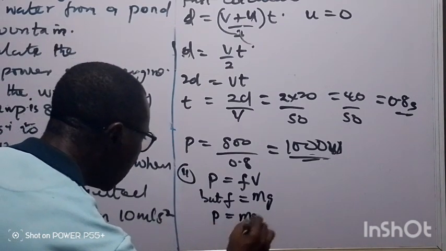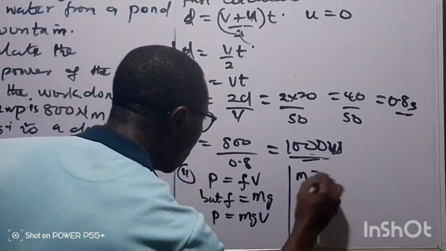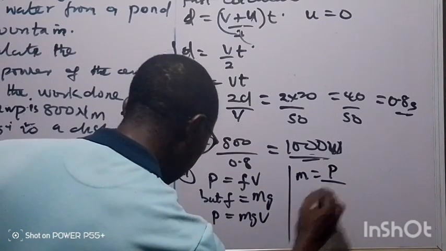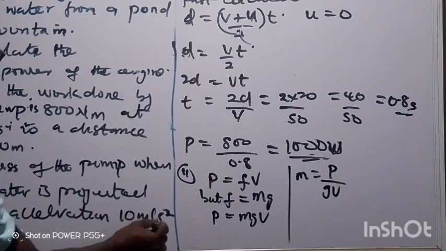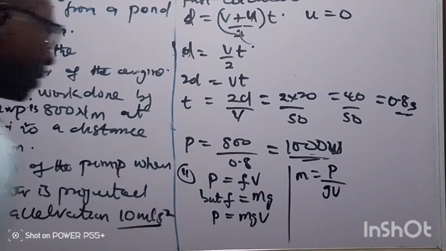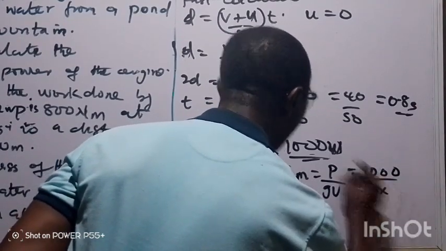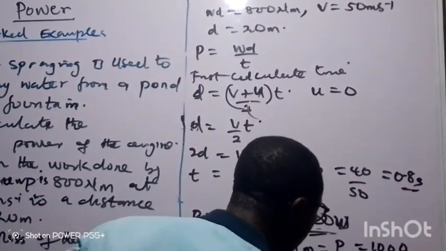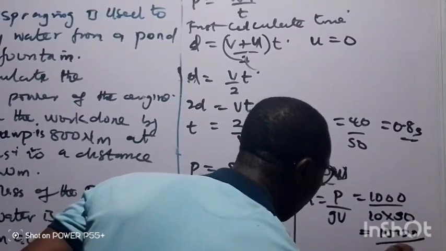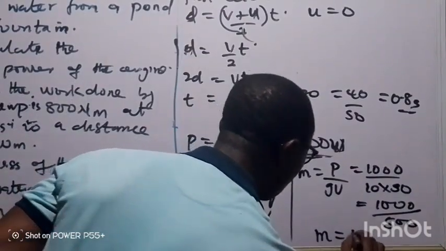We need mass, so m will be equal to P over gv. According to the question, it is being projected at an acceleration of 10 meters per second squared. So that will give us 1000 divided by 10 multiplied by 50, which is the given speed. This gives us 1000 over 500, and the mass of the pump will be equal to 2 kg.